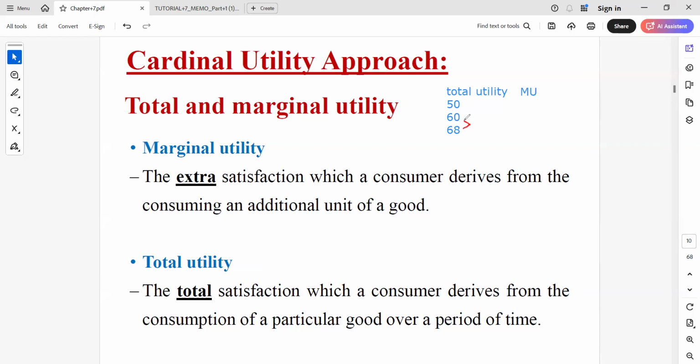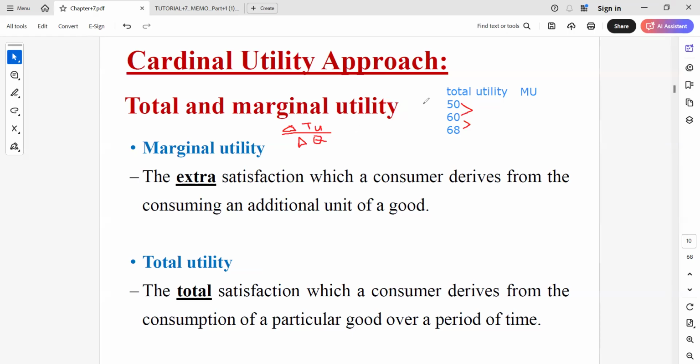The formula to calculate MU is the change in total utility over the change in quantity.